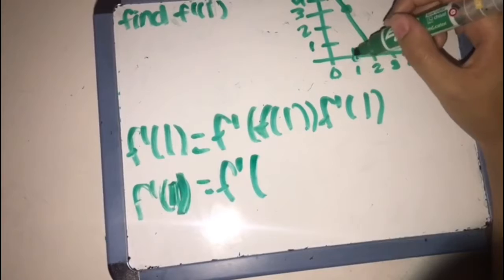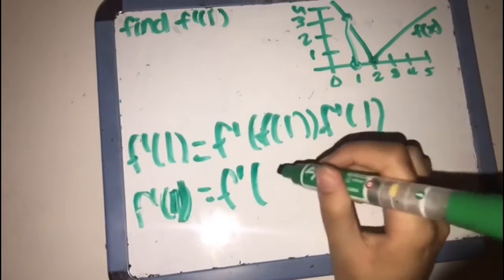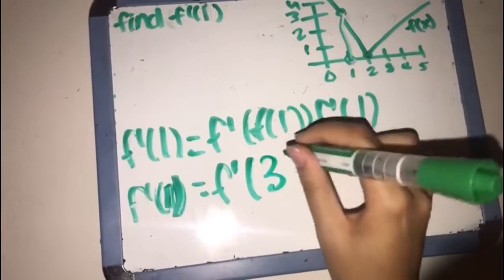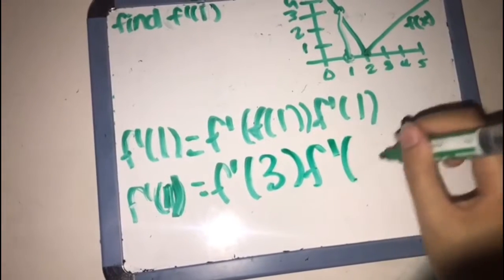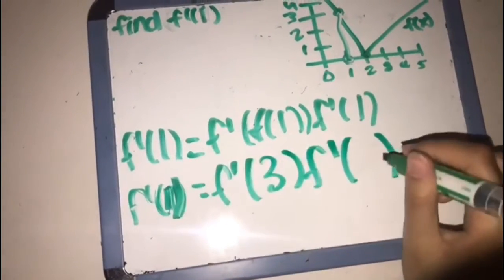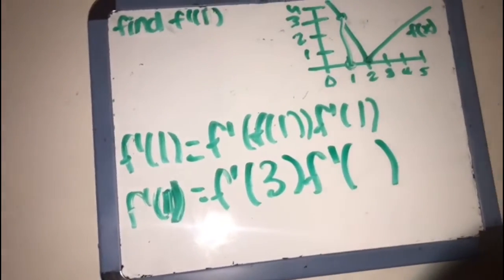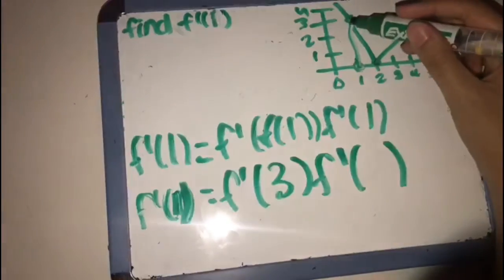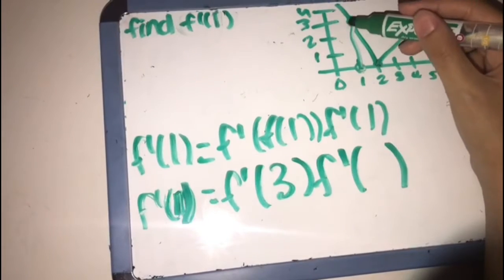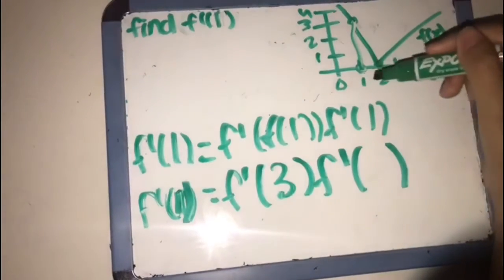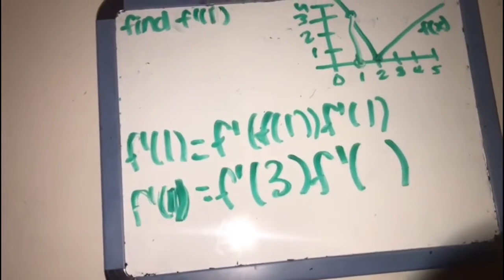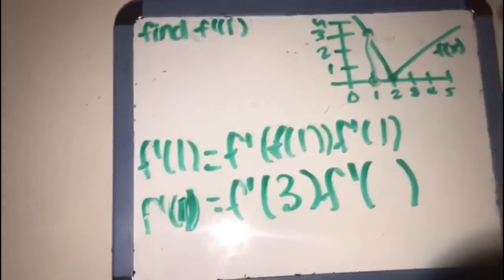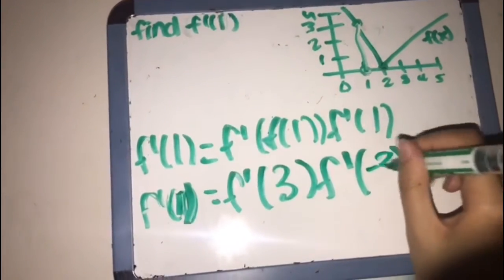If you go up here, 1 is right here, so if you go up it's 3. So we'll just use 3, and then f prime of 1 is equal to what? Now this is the part where we use slope, so rise over run. We have a vertical 1, 2, 3 over 1. So it's 3 over 1, but since it's going down, it'd be -3.